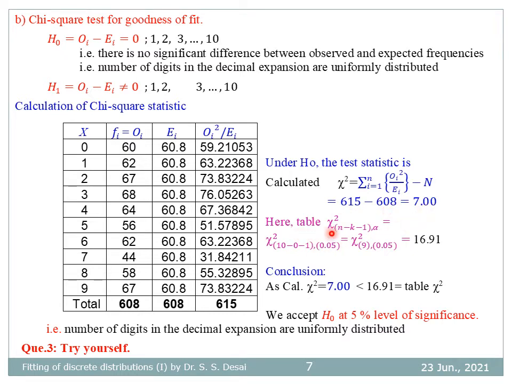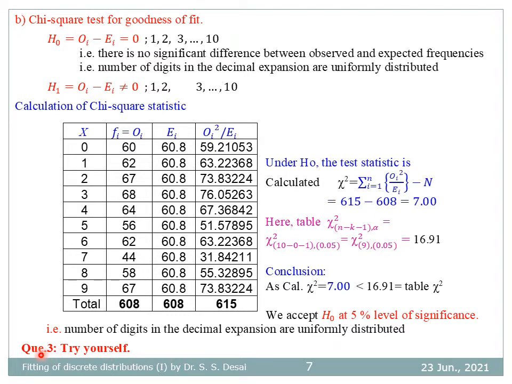So the tabulated value of chi-square with n minus k minus 1 degrees of freedom, n is 10, k is 0, so 10 minus 1, that is 9. Chi-square 9 at 5% level of significance is 16. Here calculated chi-square is less than table chi-square. Therefore, we accept H0 at 5% level of significance. That is, the number of digits in the decimal expansion are uniformly distributed.